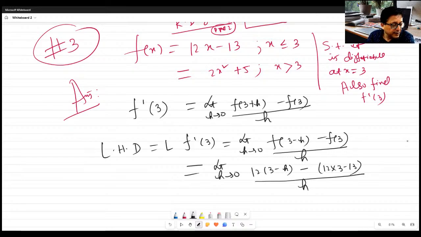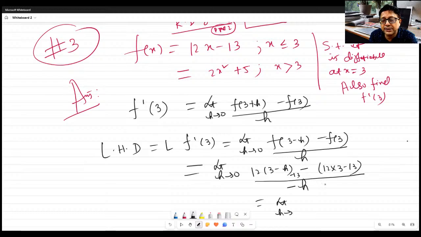12x minus 13. Acha, this is minus h. This is minus h, isn't it? 12 into 3 minus h minus 12 into, just a minute. Yeah, I forgot to take minus 13. Yeah, thank you.